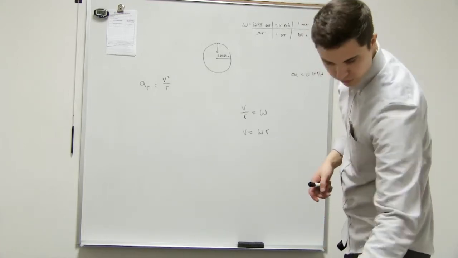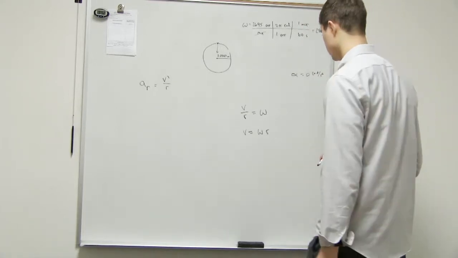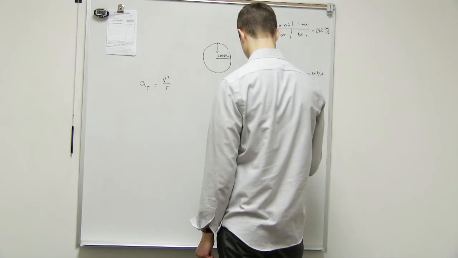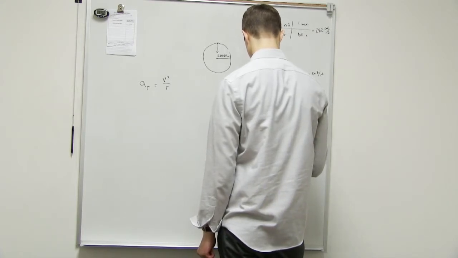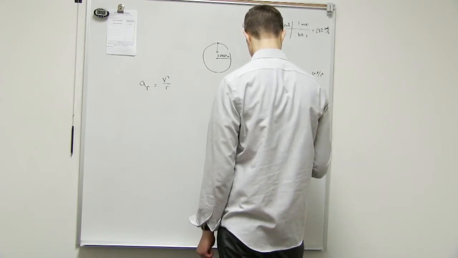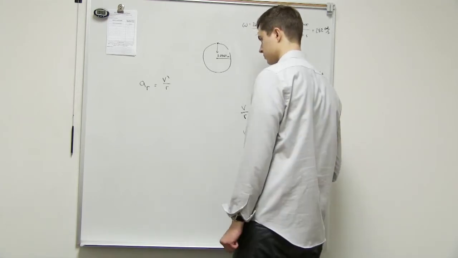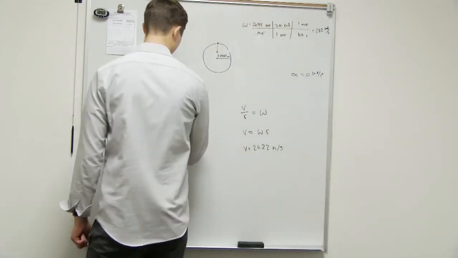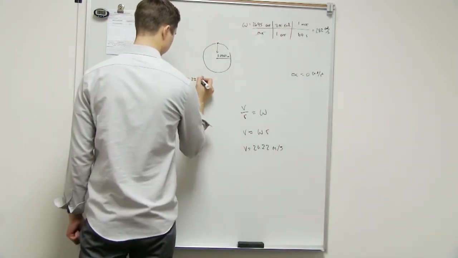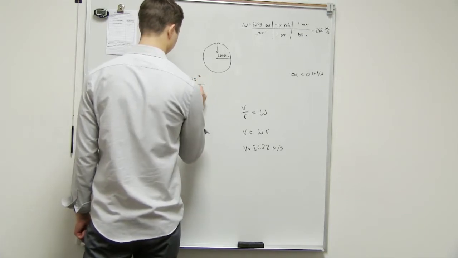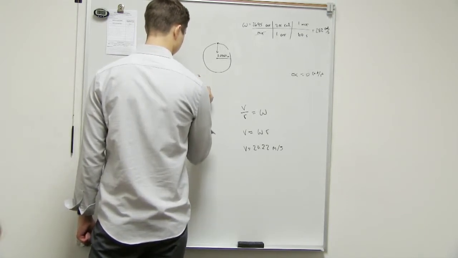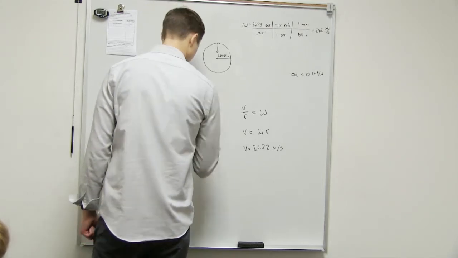So I got 20.22. So 20.22 squared divided by 0.07165.